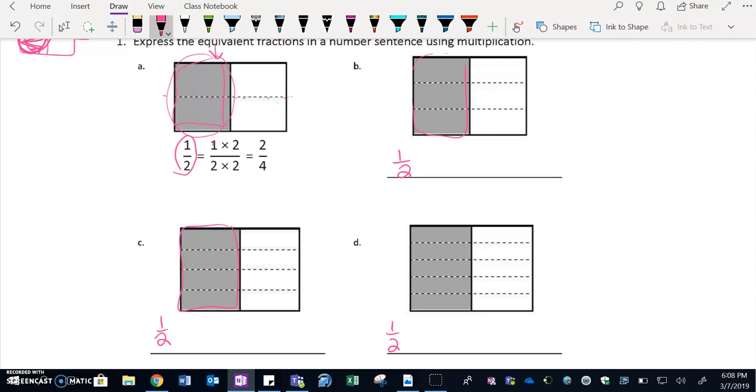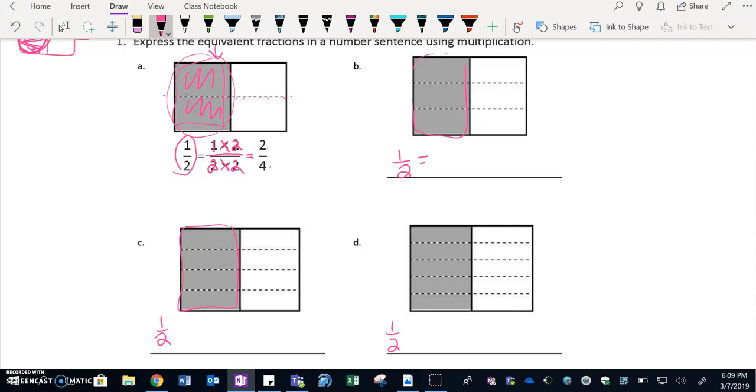So I show that I took that original half and I cut it, or I increased the number of pieces. That's why I'm showing a multiplication by 2 pieces. And then if I look now, I have 2 shaded pieces out of 4 total. So I end up with a fraction of 2/4. Also, if I multiply 1 times 2, I get 2. 2 times 2, I get 4.